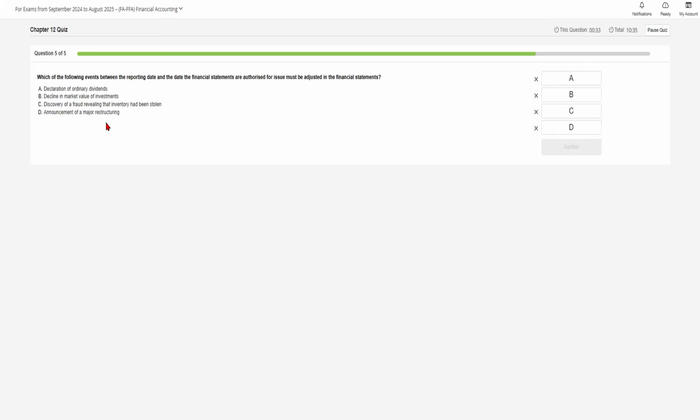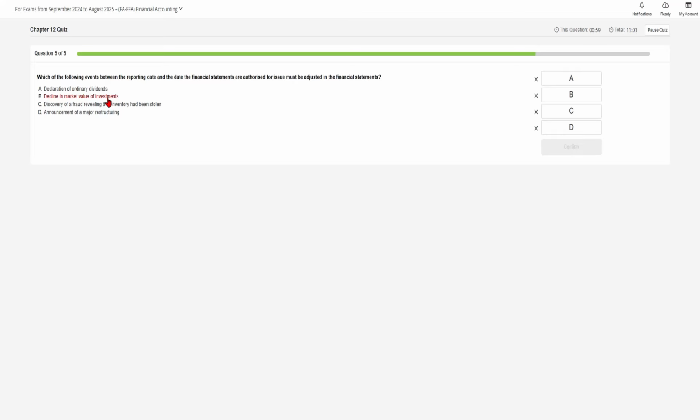The next we have a decline in the market value of the investment. So again, there is no evidence about this situation at our reporting date. So a fall in market value is a new situation, a new condition. So that's why it's again a non-adjusting one. Then we have third, C, discovery of fraud revealing that inventory has been stolen.